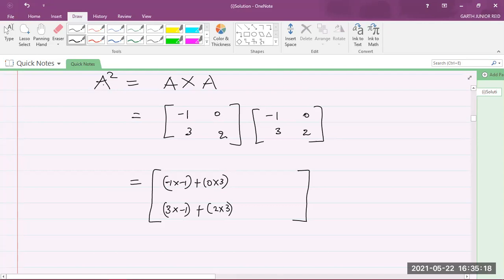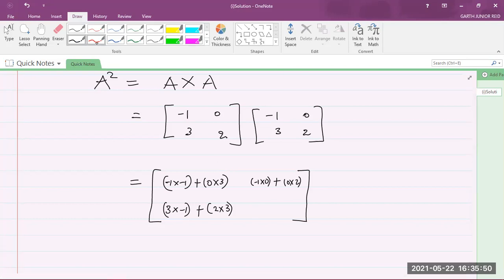So I'm finished with the first column and I'm moving on to the second column. Okay, so what I'm going to do now is to multiply the first row by the second column. So first row, second column, which is going to be right here. So that's -1 times 0 plus 0 times 2. That is what I will have.